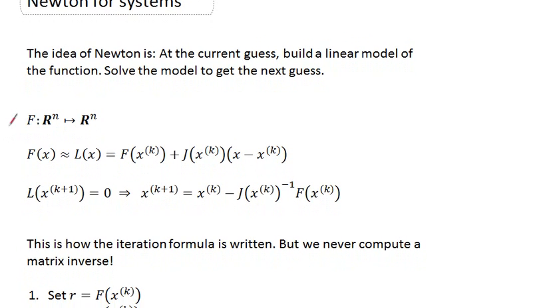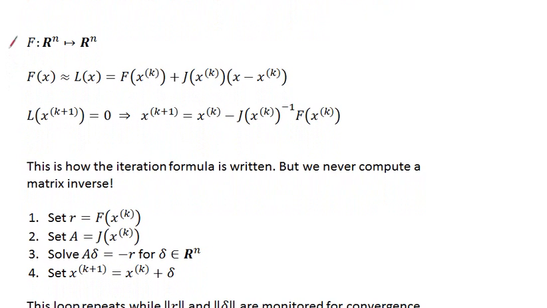So here's our capital F that maps n variables to n variables, or n variables to n values. So if we have a function F of x, we linearize. So L is the linearization of F at xk, the kth iteration.